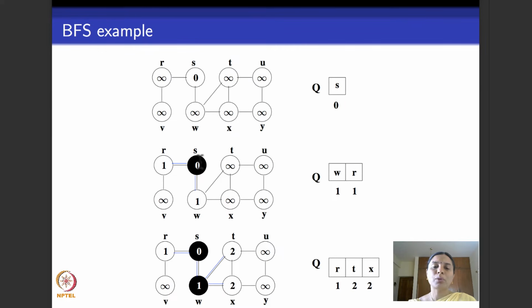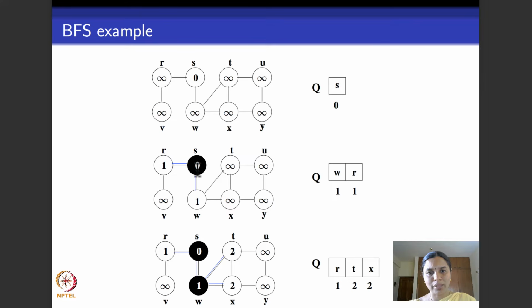Now I start exploring the adjacency list of S because that's what is there in my Q, right? What are the 2 vertices that are adjacent to S? That is R and W. This blue colored arrow, I hope you can see it, means that I have set the predecessor attribute. I have set the predecessor of R as S and the predecessor of W also as S. So far my breadth first tree, which I read out from the predecessor attributes, contains this subgraph.